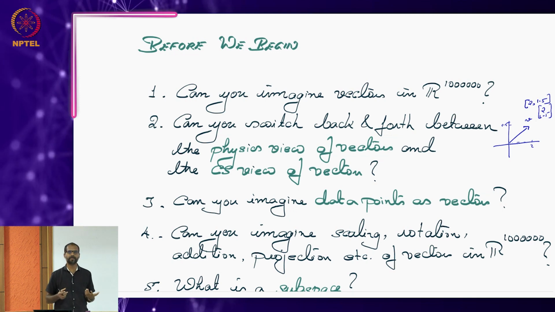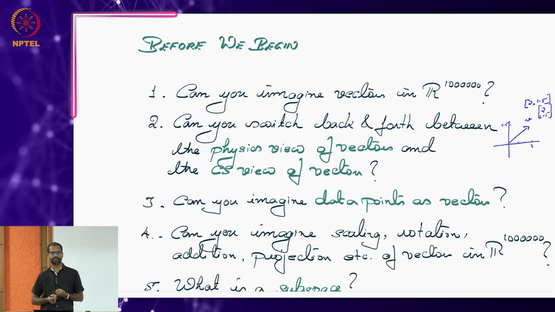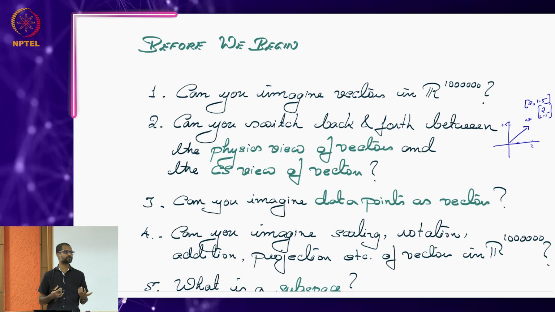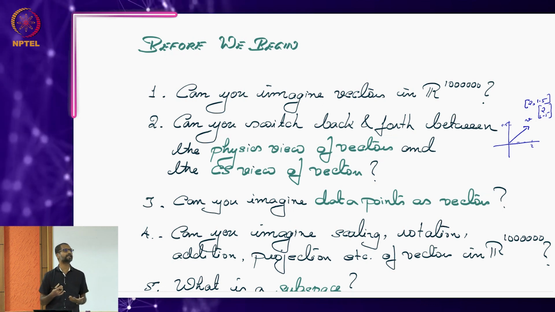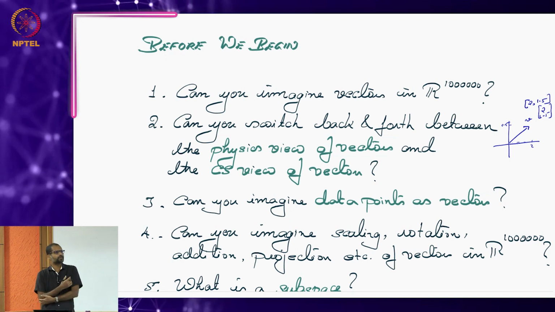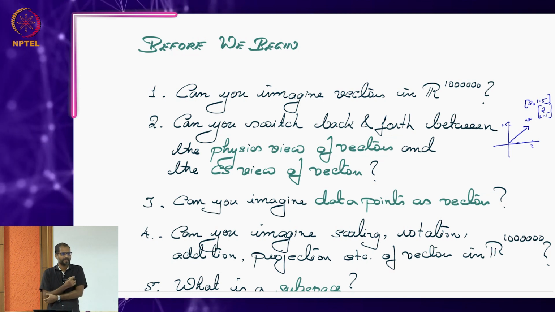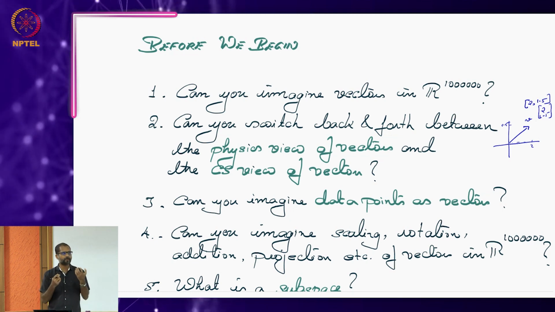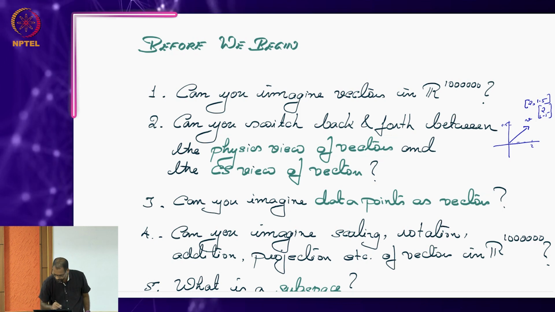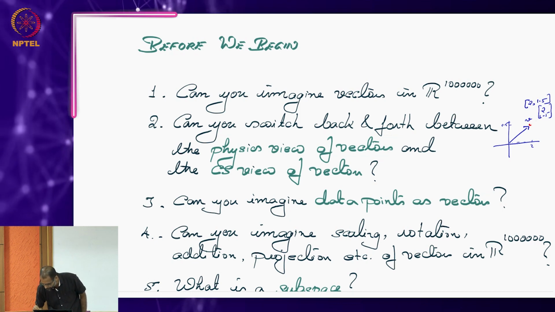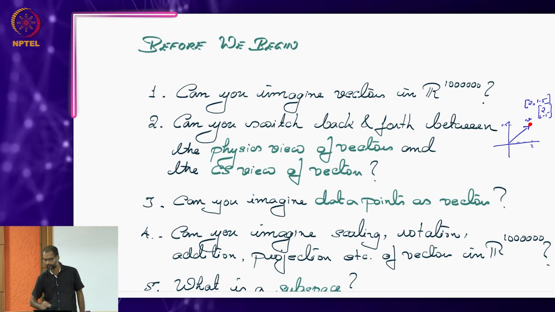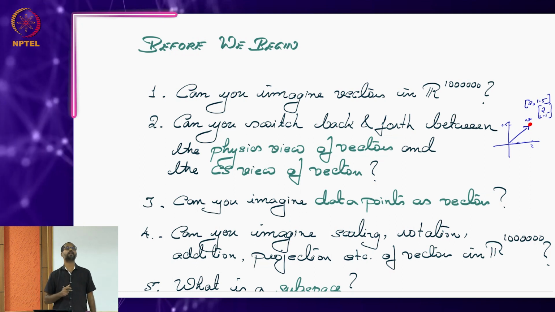The physics view of a vector is this geometric picture. I think it is time that people also talk about this third view, the data science view of a vector. What would it be? Data. Yeah, data, but still the picture would be of a point. The data science view of a vector would just be this point, the head of the arrow.